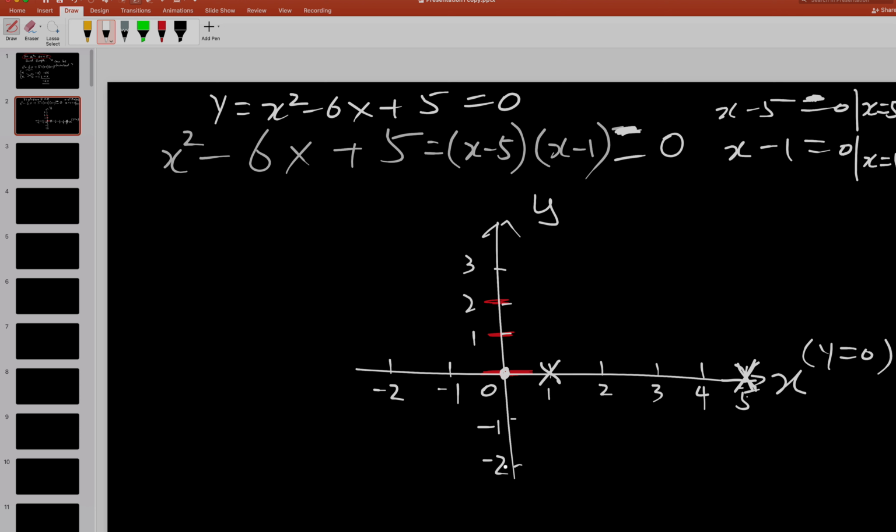Now, the next step is you want to find the shape. A quadratic graph has two shapes. It's either this one or this one. This is called a frown face. This is called a happy face. So you want to know whether it's a frown face or happy face. If it's a frown face, what you need to do is this.